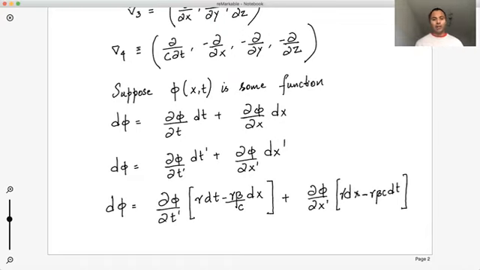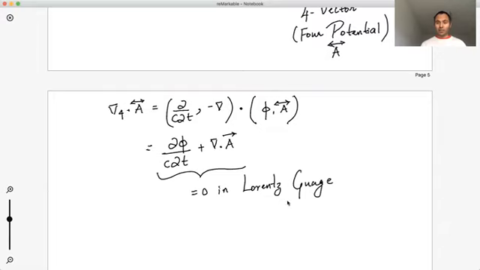Now, like I said, whenever you see a 4 vector, take its divergence. So what happens if I take the divergence of the 4 potential? I'll leave you to do the algebra here, but essentially you get a quantity that looks like this, which we set equal to 0 in the Lorentz gauge, right? If you remember, we went through different gauge fixing, and one of the gauges was the Lorentz gauge.